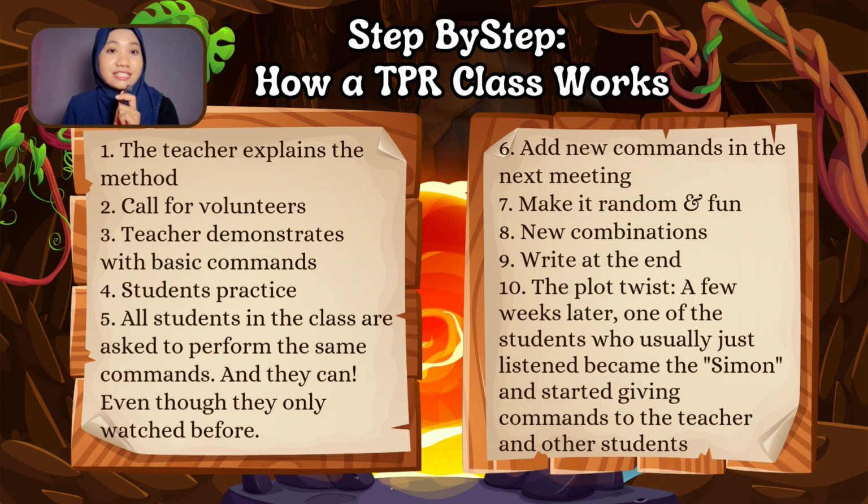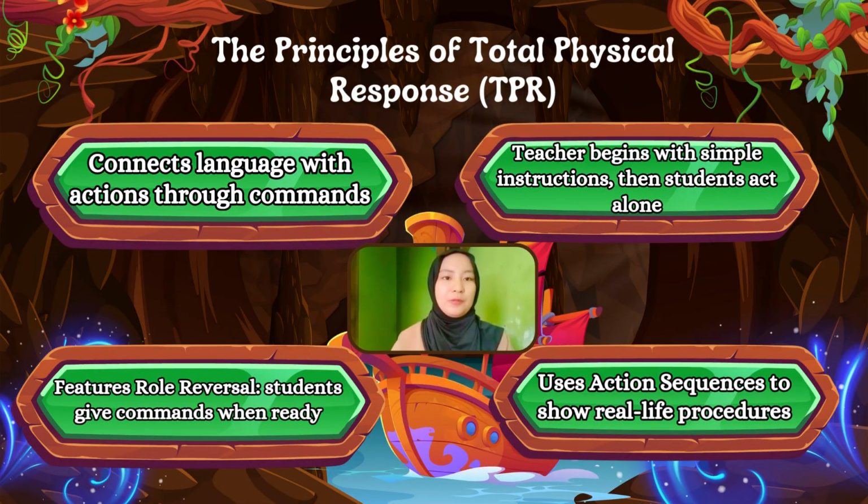The plot twist: a few weeks later, one of the students who usually just listened becomes the Simon and starts giving commands to the teacher and the other students. She was finally ready to speak in her own language. Total Physical Response, or TPR, is a language teaching method that uses commands to make students act, helping them connect language with meaning.